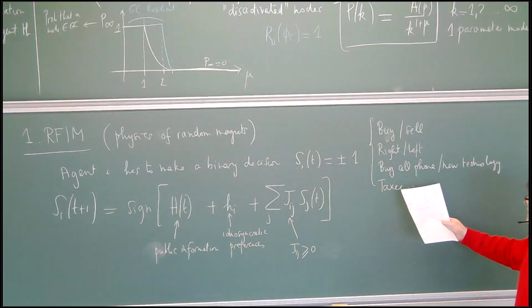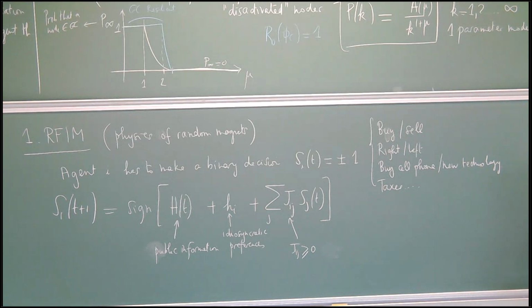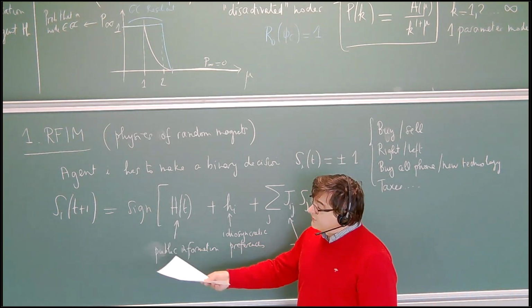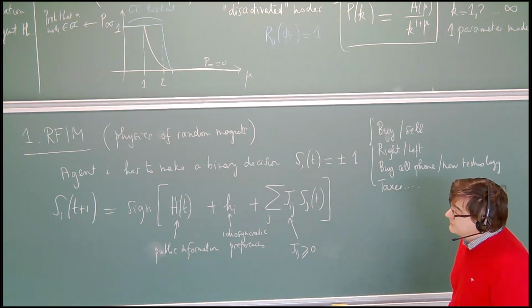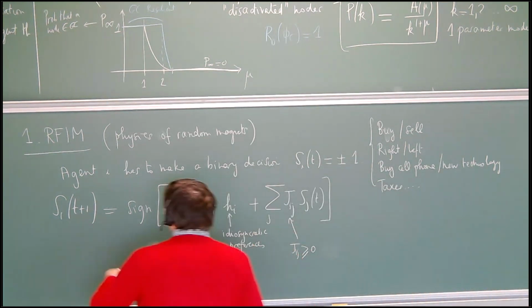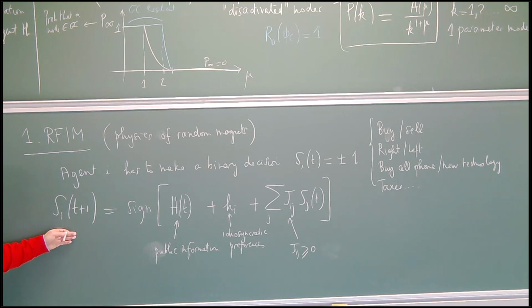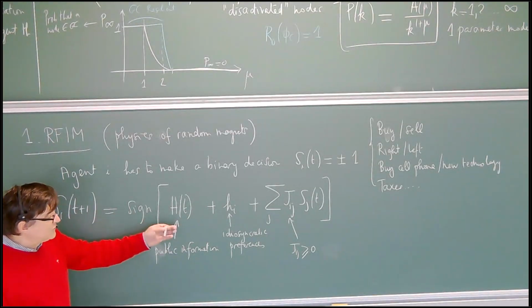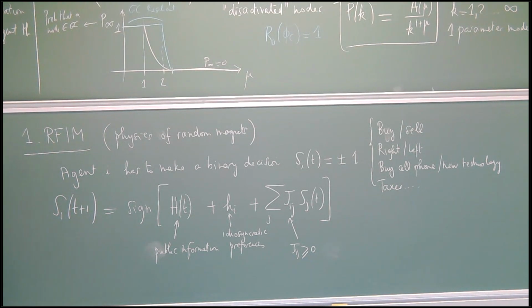So if I go back to my example of cell phone or technology, then public information is, for example, the price of cell phones. If the price of cell phones is very high, you're not very likely to buy the cell phone. So if you imagine that S_i = +1 means that you buy a cell phone, and H is very negative, then there's a chance that you will not buy a cell phone because of prices.